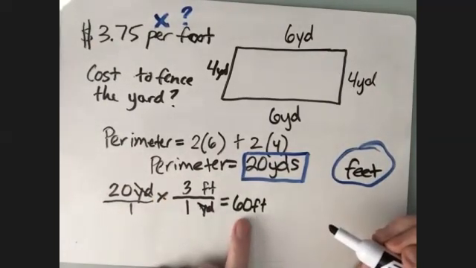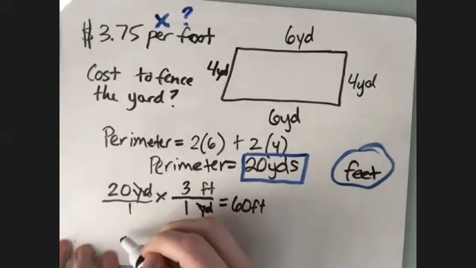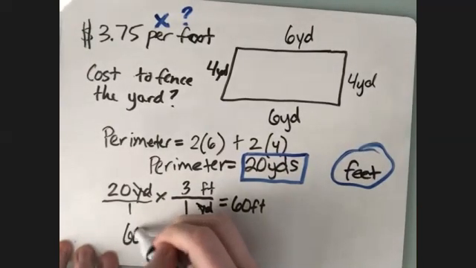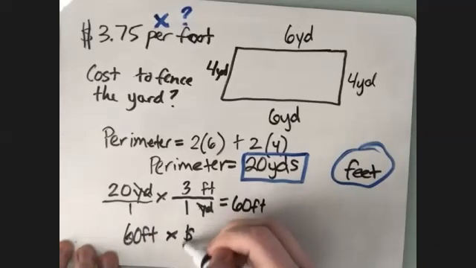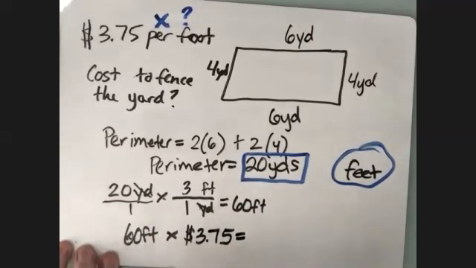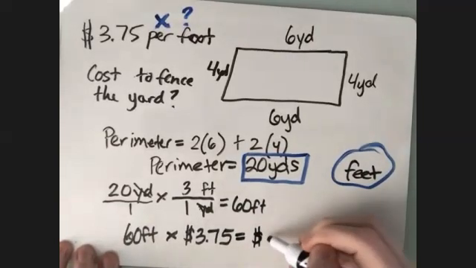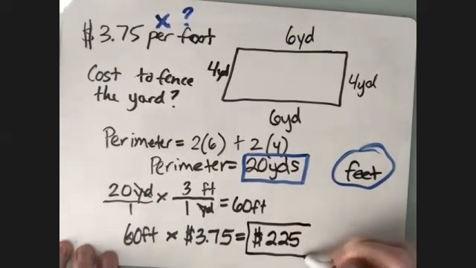Now that I know we need 60 feet of fencing, I need to do 60 feet. So that's the amount needed. So 60 feet times your cost, which is $3.75. And when you multiply those, you'll get a grand total to fence this whole yard of $225.